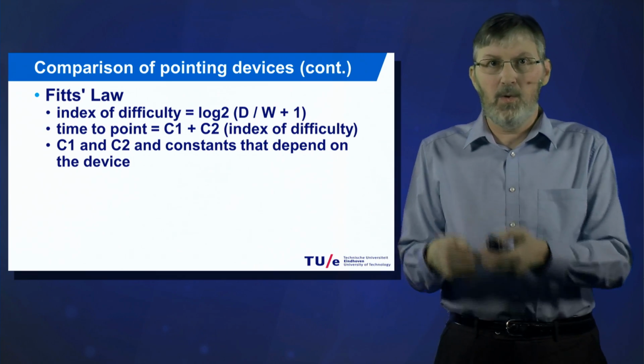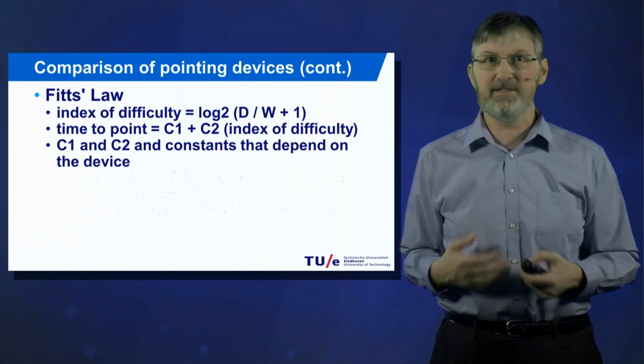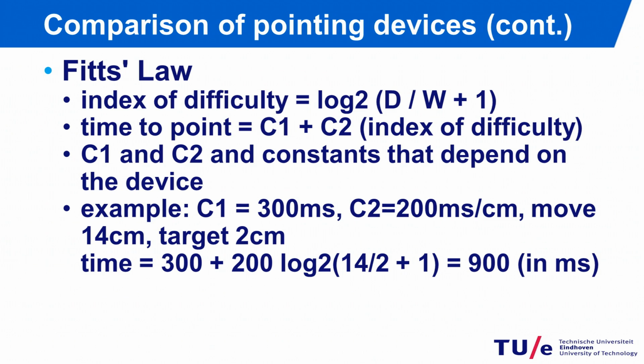So it's not only these distances and sizes that matter, but some aspects depend on the device. For instance, it can be that you need 300 milliseconds to start the motion on the device, and maybe another constant that says how hard it is per centimeter you have to move.